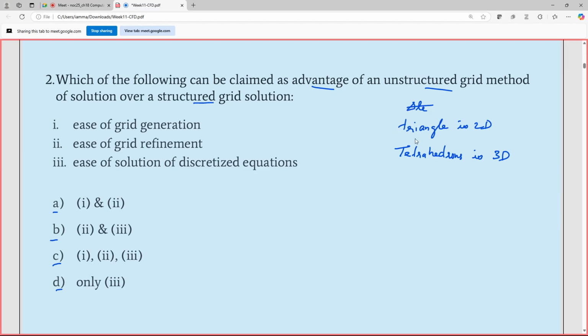So these two elements, triangulation and tetrahedron making, are comparatively less complicated and an easier method for grid generation.